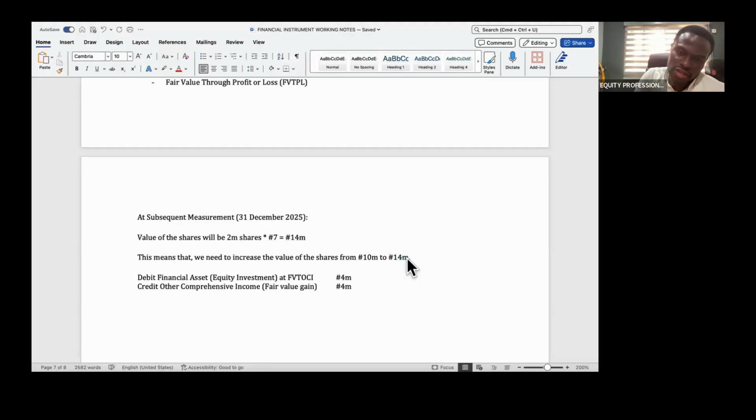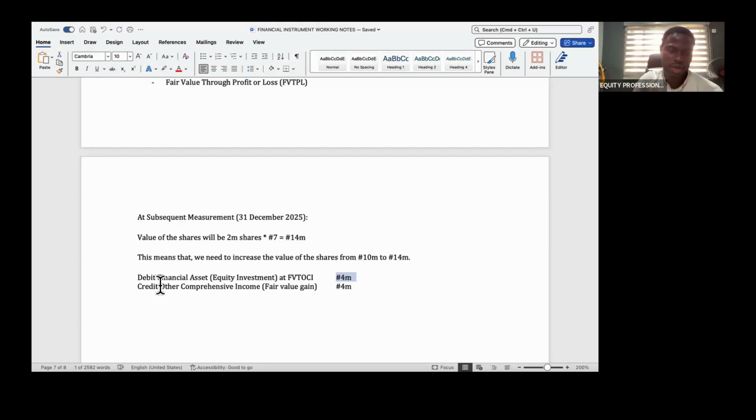So how do we then increase it from 10 to 14? We will debit the financial assets that was classified at fair value through OCI. We will debit it with 4 million. Debiting it will increase its value from 10 million to 14 million because this is as good as increasing the financial asset value by 4 million.